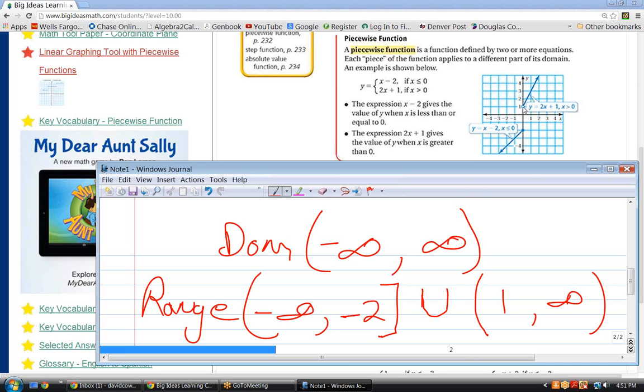Since this part of the range can never be 1, it can be greater than 1, but it can never be 1 exactly, just because that's an open dot there. In other words, when x is 0, this is what y is equal to, not up here. And so that range goes from 1 to infinity.